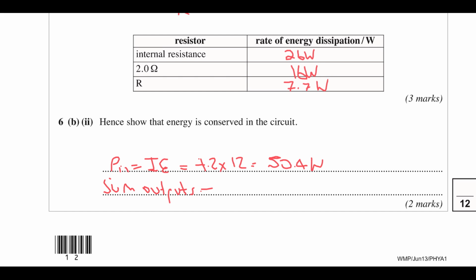Sum of the outputs. If we add all of those numbers together, 26 plus 16 plus 7.7 gives us 49.7 watts. These are approximately the same because we've rounded values.